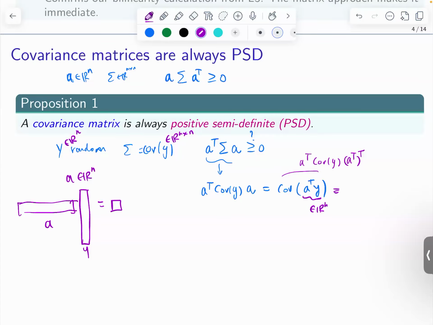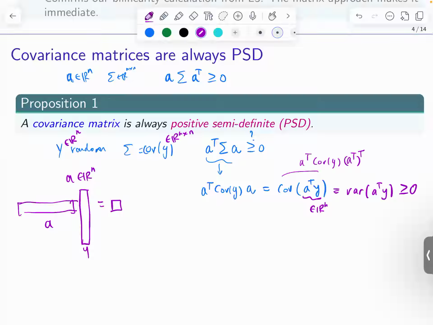But what is that element? Is this just the variance of this quantity? Can variance be negative? No, variance is always non-negative by definition.